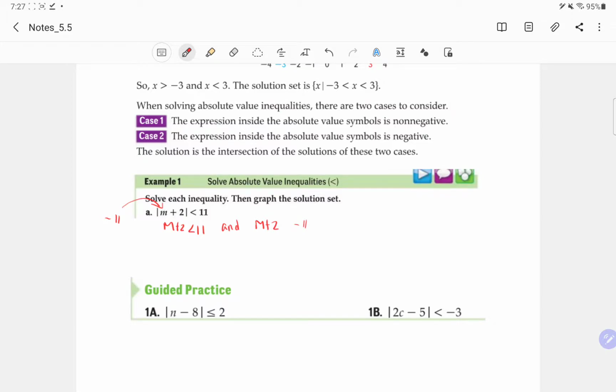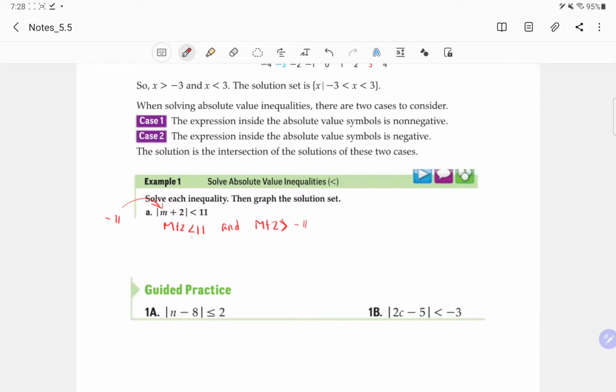But when we take the absolute value of that, we don't really care. So we need to turn that symbol around to make sure it works. Because the absolute value of negative 10, which is bigger than negative 11, is positive 10, which is smaller than positive 11. I know it sounds weird and confusing, but that's what you have to do.